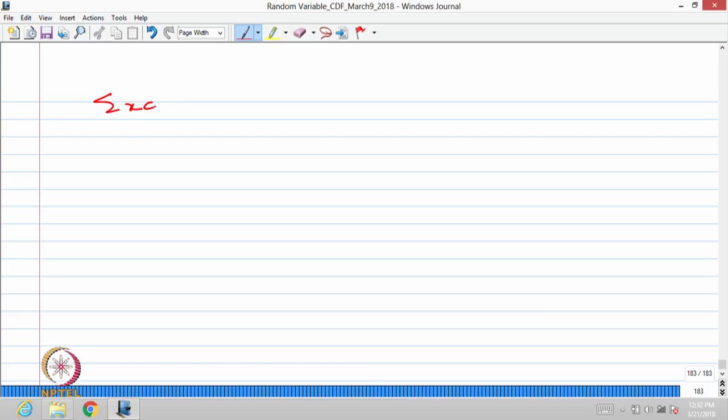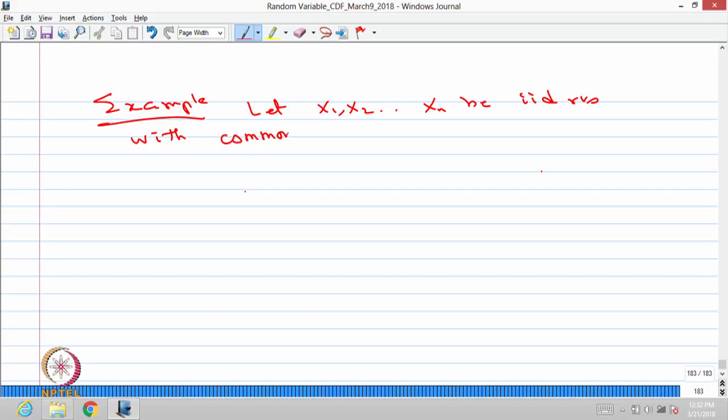As an example, let X1, X2, ..., Xn be IID random variables with common probability density function.